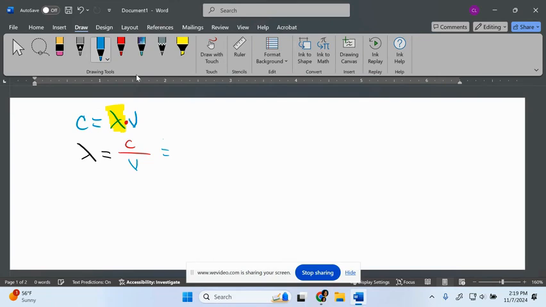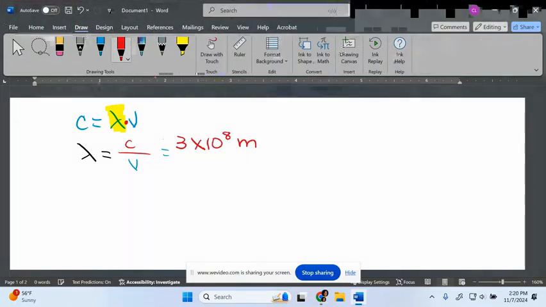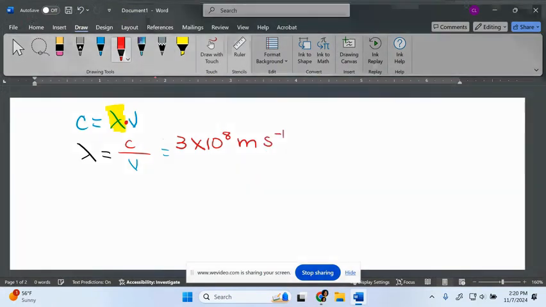Okay, I'm going to go plug my numbers in. Again, C is on your formula sheet. 10 to the 8th meters. And then on your formula sheet, it says this. So that's meters. And then where are your seconds supposed to be then? Underneath.